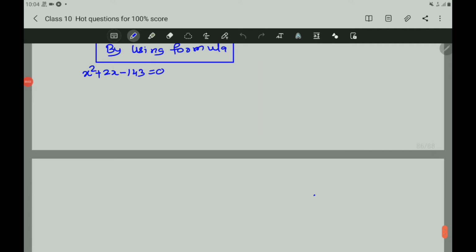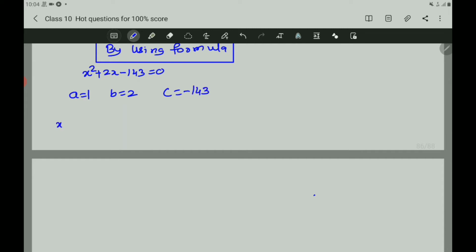Now, before writing the formula, find the values of a, b and c. a is the coefficient of x square, that is 1. b is the coefficient of x, that is plus 2. And c is minus 143.